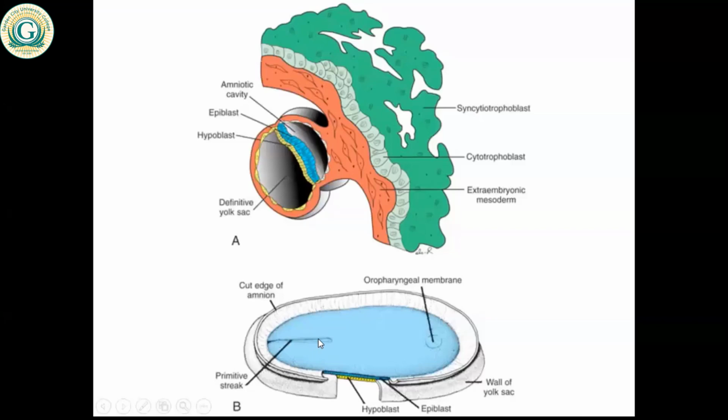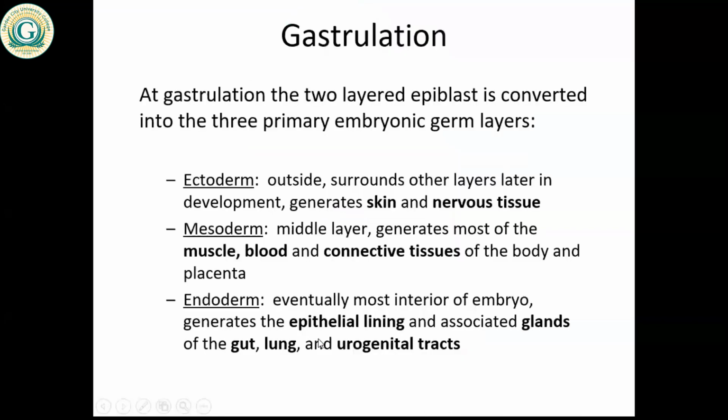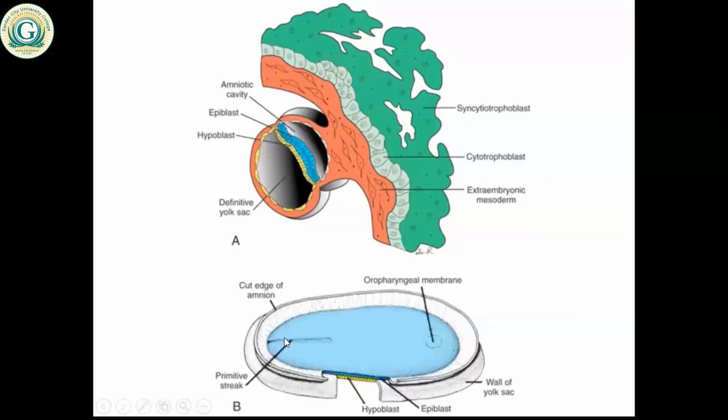And this gutter will let... Sir, please, your line is breaking. This is the tail region. So the primitive streak usually starts from the caudal part of the embryo. So number 1, the primitive streak shows us the caudal part of the developed embryo, and then also shows us the cranial part.